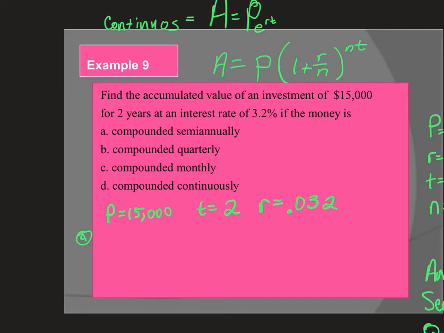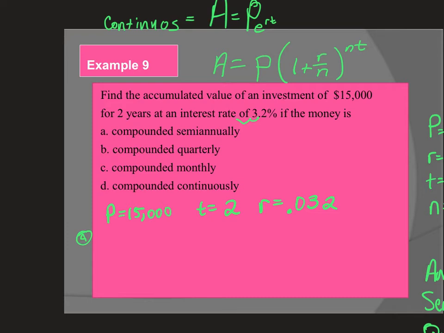Just because there's a decimal point in your percentage doesn't mean it's already a decimal. You have to move the decimal place 2 places to the left to make it into a decimal. There's a huge difference between the number 0.032 and 3.2, so when you put that in your calculator, it's going to make a ginormous difference.